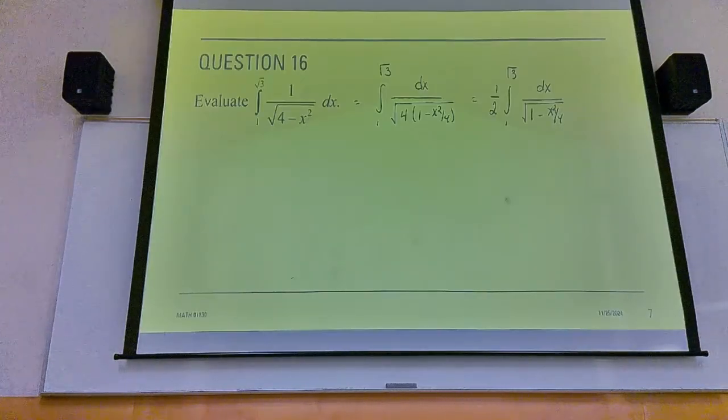Quickly, you already forgot what we're trying to get it to look like. We want it to look like some kind of f of g times g prime. You just told me: inverse sine. All right, that's what we're doing. Now it's 4.